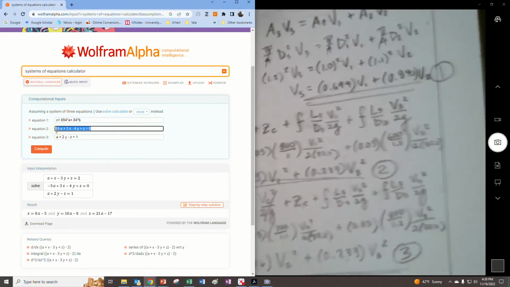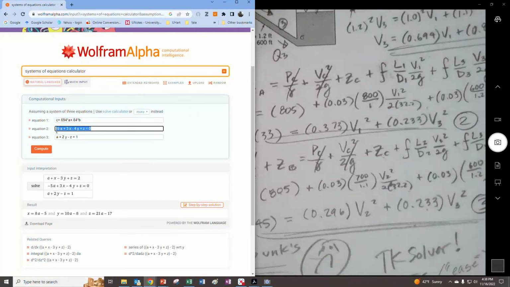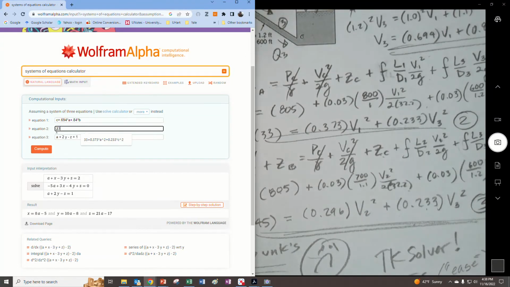Then equation 2: 33 is equal to 0.373 times A squared plus 0.233 times C squared.